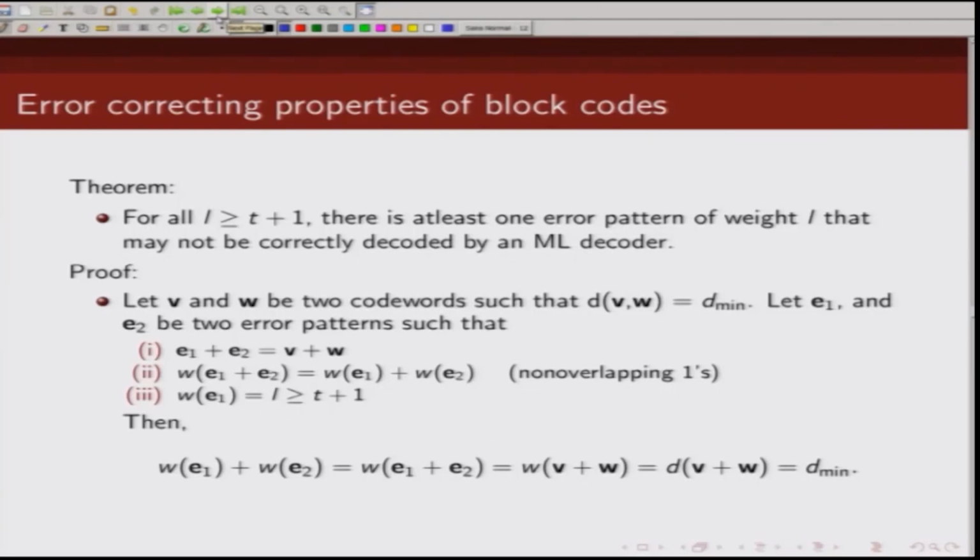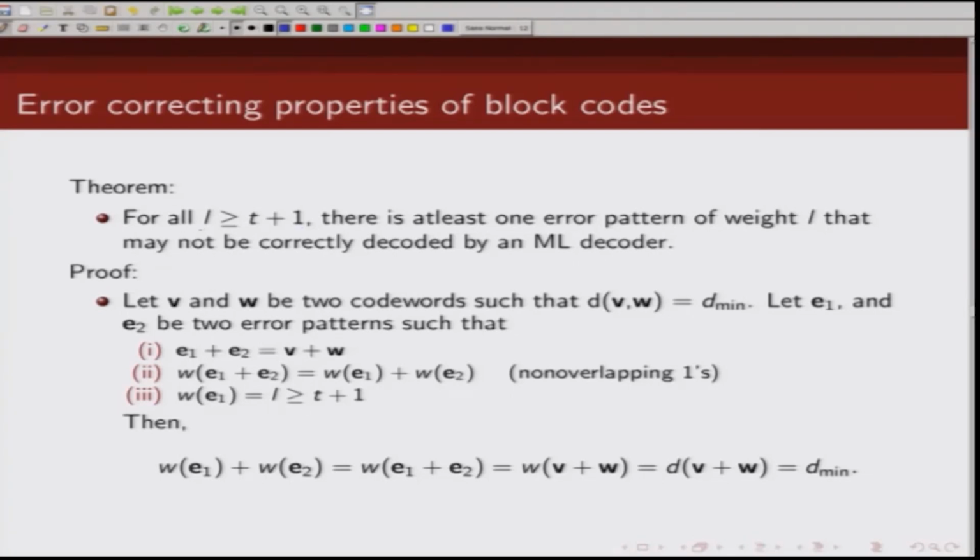Next, we are going to show that if there exists an error pattern of weight greater than or equal to t plus 1, then our decoder, whose minimum distance is at least 2t plus 1 but less than 2t plus 2, will make an error. In other words, it would not be able to correct this error pattern of weight t plus 1.